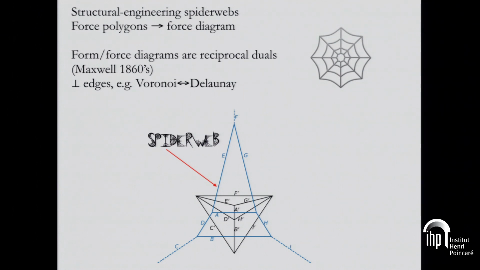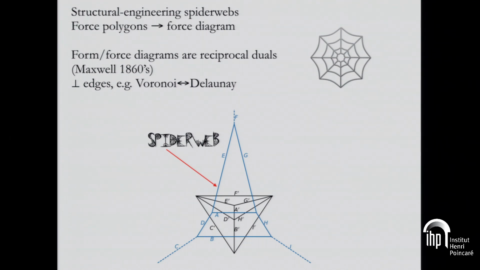So this vertex of the form diagram, as it's called, or the actual spider web in space, corresponds to this triangle where the length of this member corresponds to the force coming off in this direction.